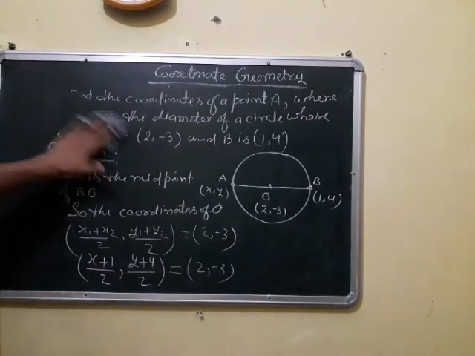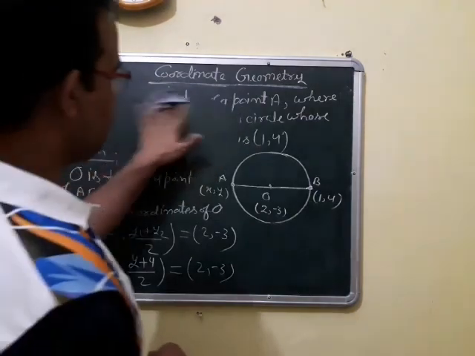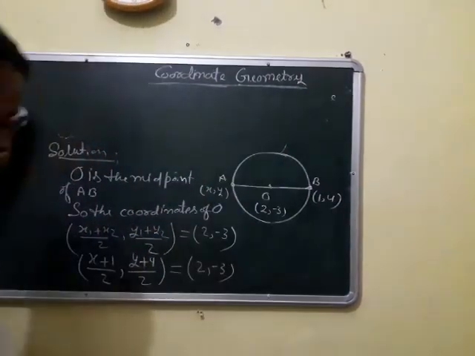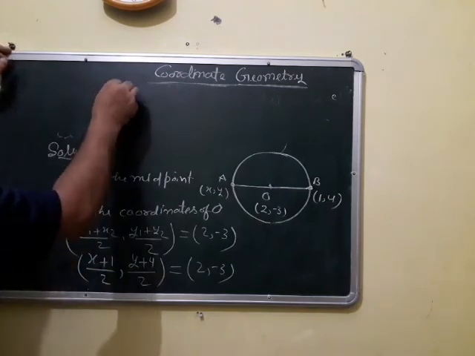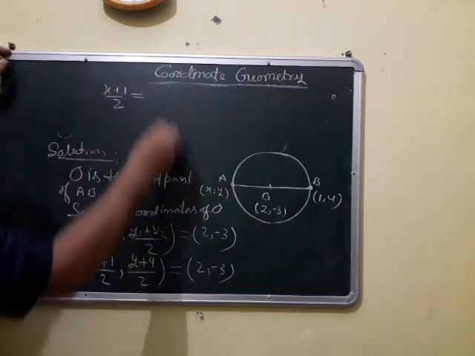Now find x and y. So (x + 1)/2 is equal to 2.